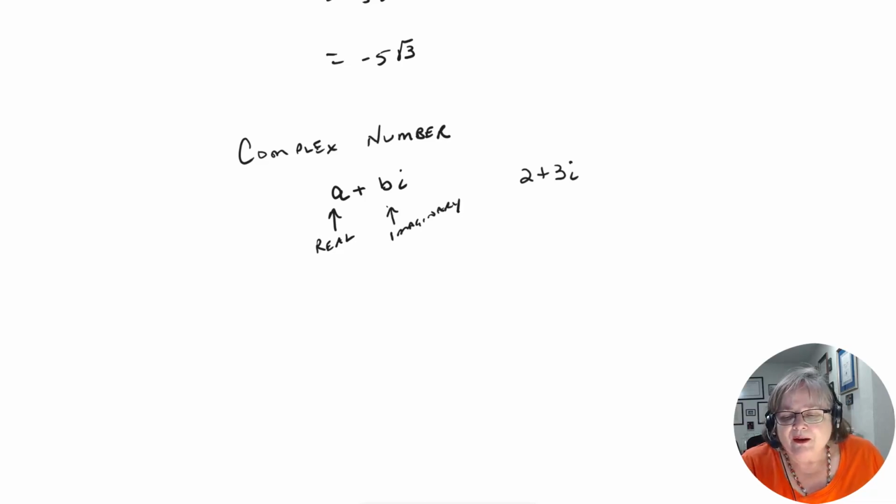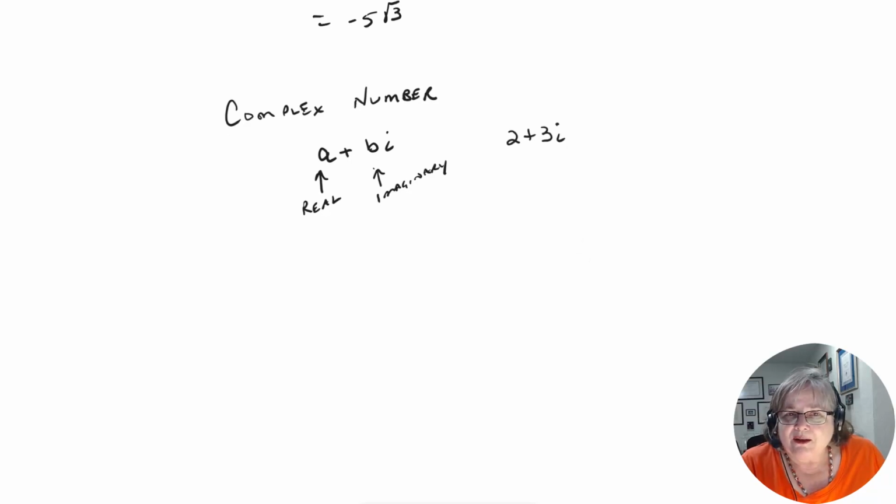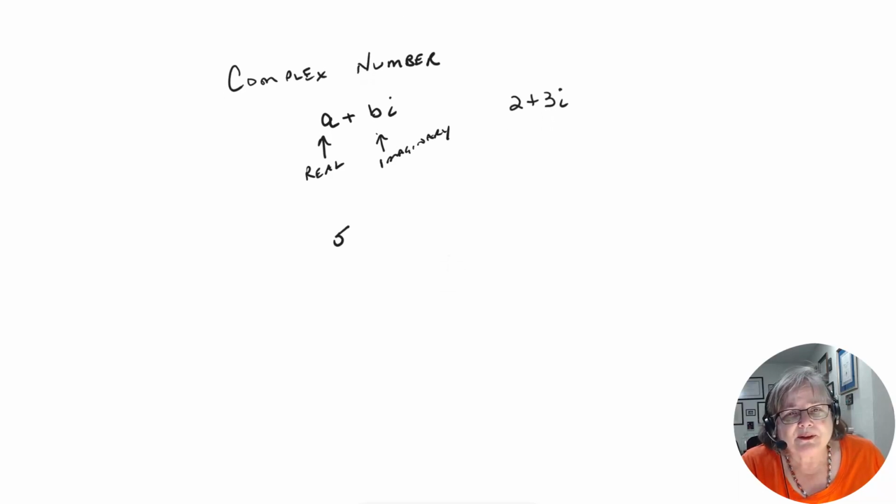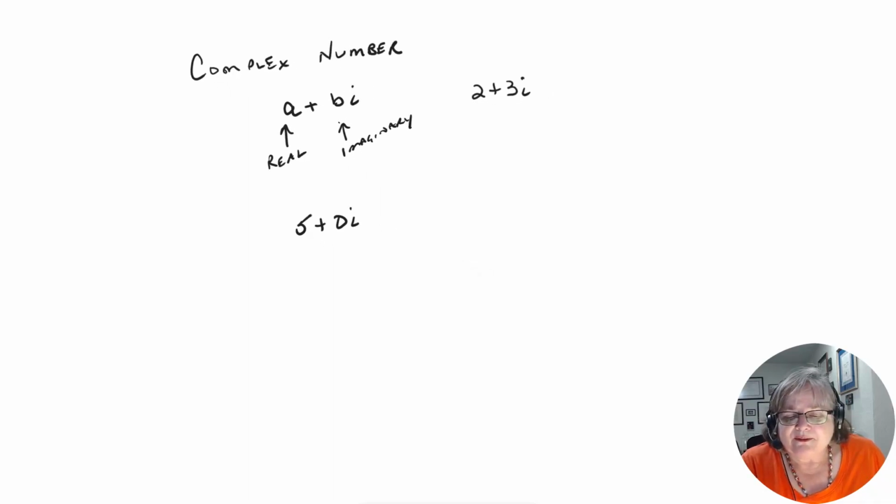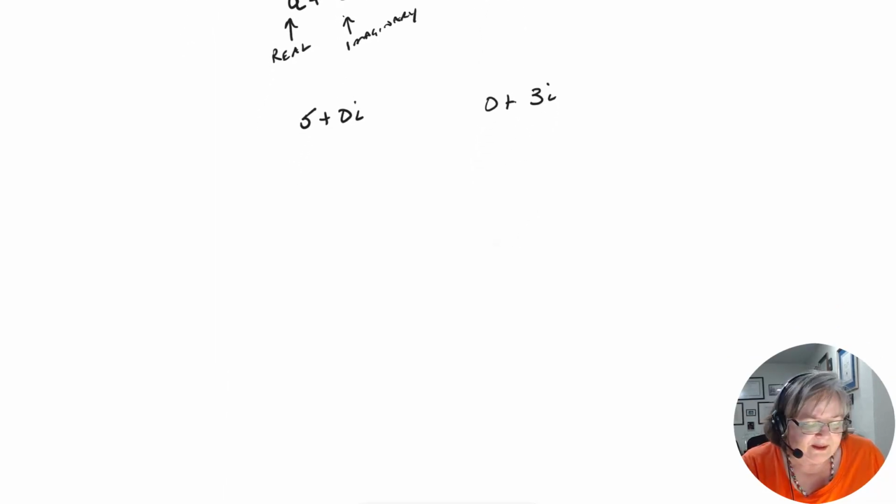So you can make any number look like a complex number. If you have just a real 5, and somebody said express it as a complex number, you can say I had 5 real and no imaginary. Likewise, if you have 3i and they want it in complex form, you can say I have 3 imaginaries and no reals.